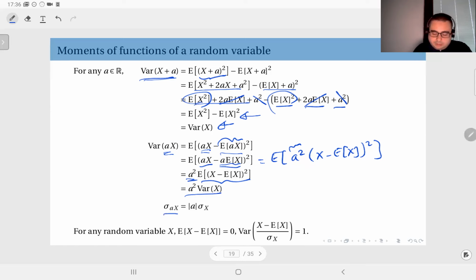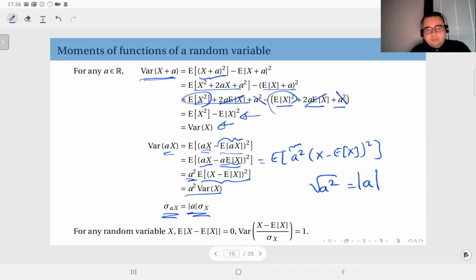Therefore, the standard deviation for the scaled random variable a times x is equal to the standard deviation of x multiplied by not a, but since the square root of a squared is equal to the absolute value of a, be careful when a is negative. This should not be negative because standard deviation cannot be negative. So the standard deviation is also scaled by the absolute value or the magnitude of a, let's say.